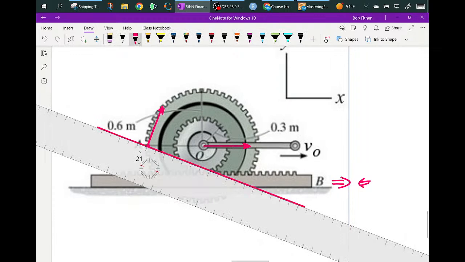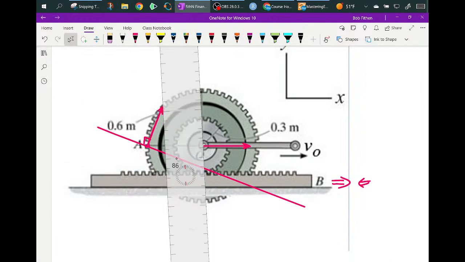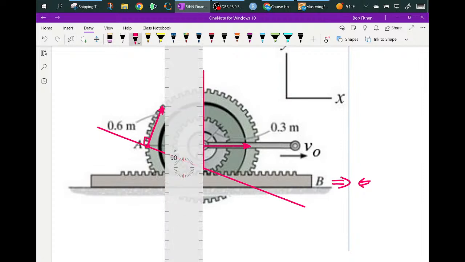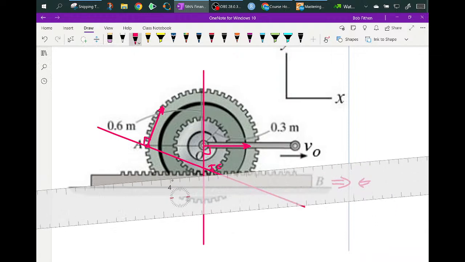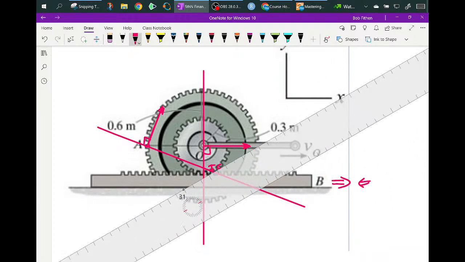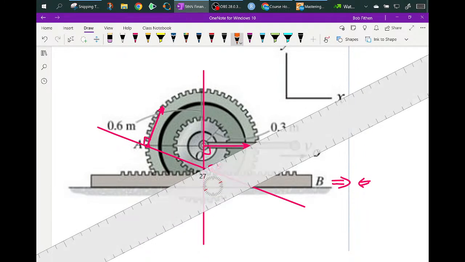Here's your perpendicular. Here's your perpendicular. There's your instant center. Now that you have your instant center, you know your spot has to go through here.